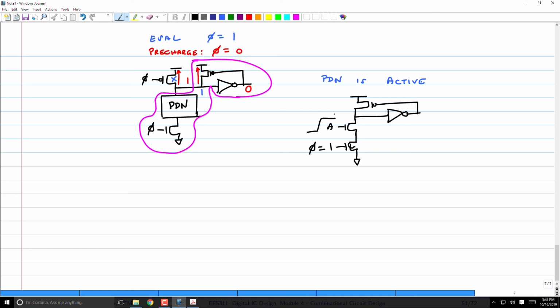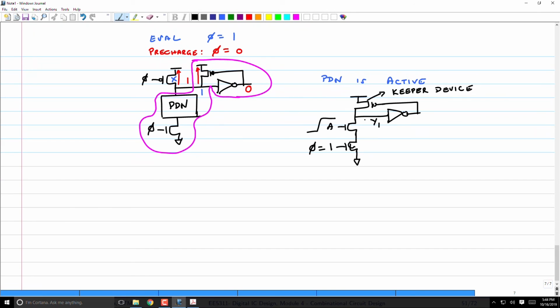When it is 0, my output Y1 was driven high through this PMOS, through the keeper. This is called a keeper device. But when my input A goes high, see what's happening.